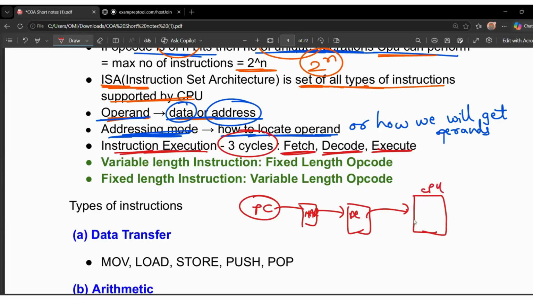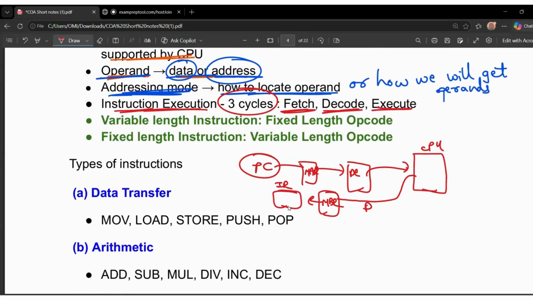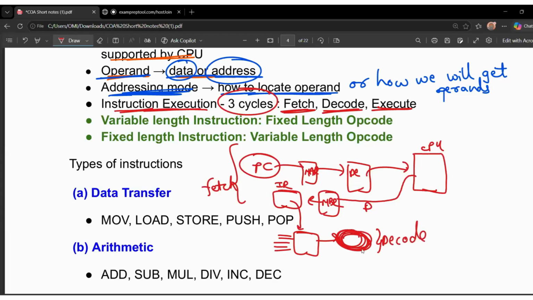From the CPU, all the data will come into the MBR with the help of the data bus. If it is an instruction, it will be stored in the IR, the instruction register. From the instruction we will decode and get to know which operation will be performed. So this entire thing is your fetch cycle, this is your decode, and based on which operation to perform, that will be your execute cycle.